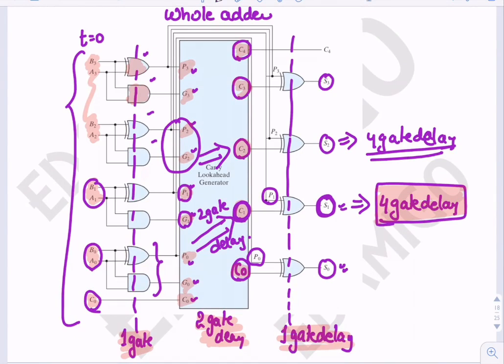The whole circuit works in parallel; in the ripple carry adder things were working sequentially, but here they work in parallel, which is why more circuitry is needed.